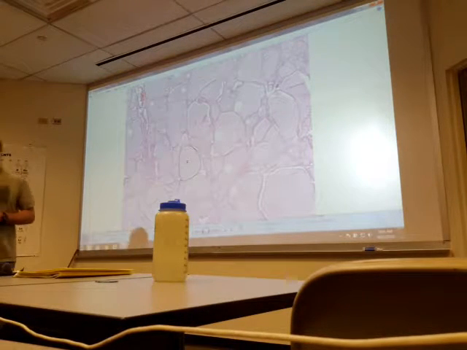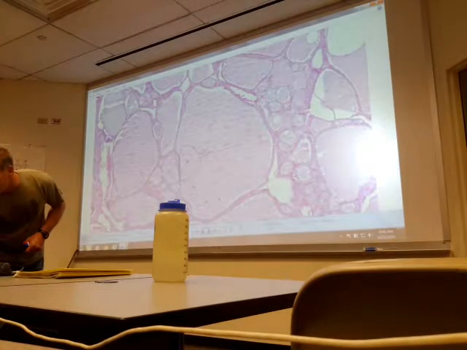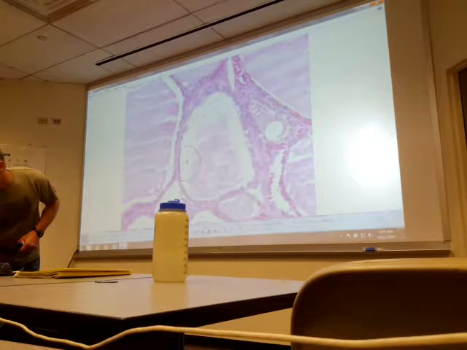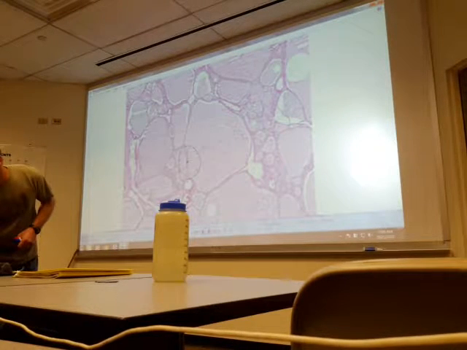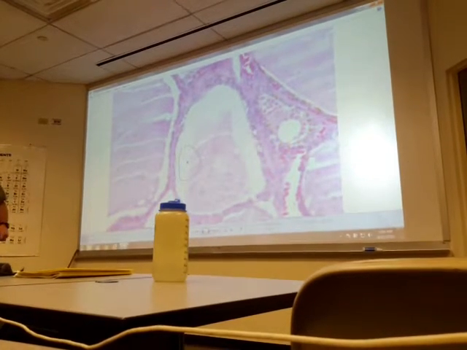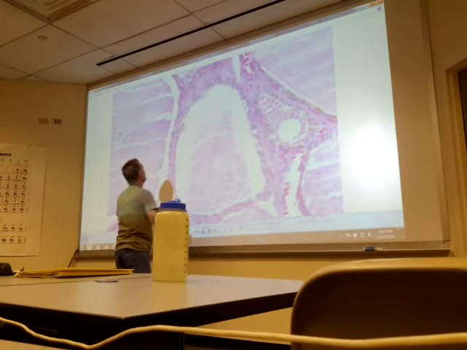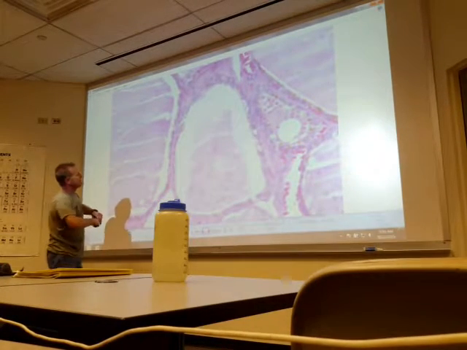Can't see the cells here, the magnification's not great enough. But if I increase the magnification, yeah, so I increase it, and I'm going to increase it one more time. Now I can start to pick out individual cells.